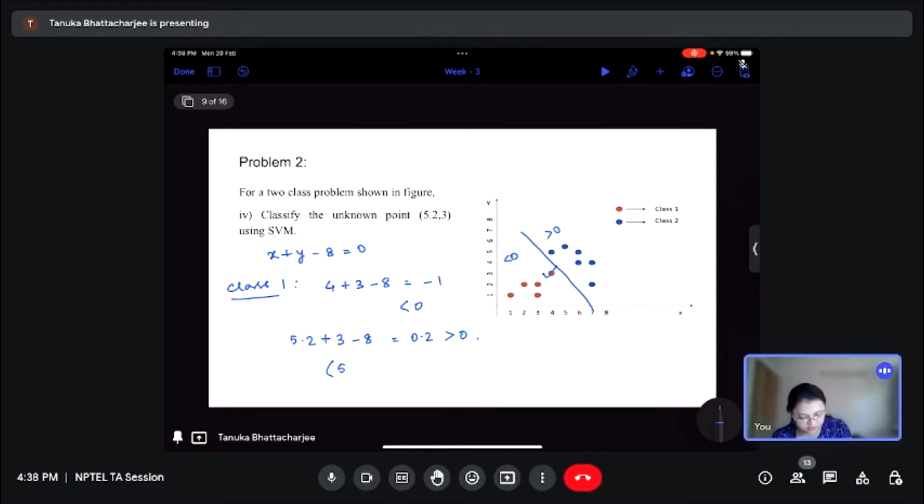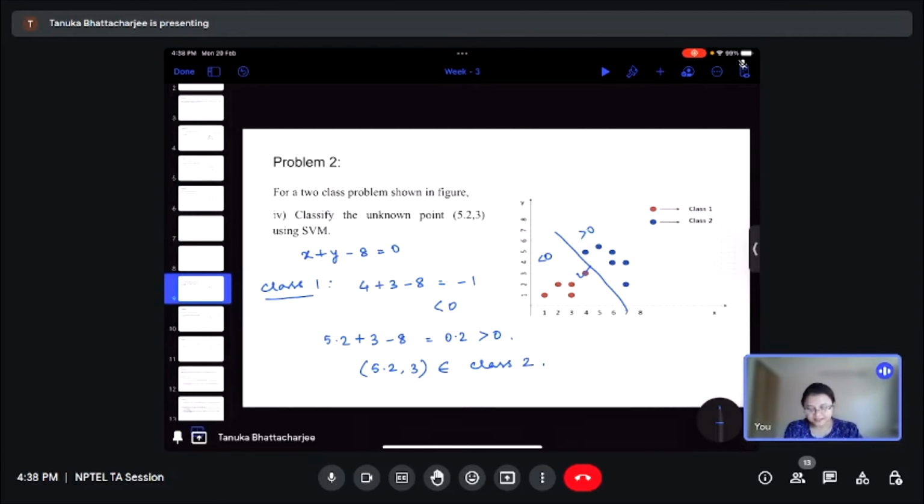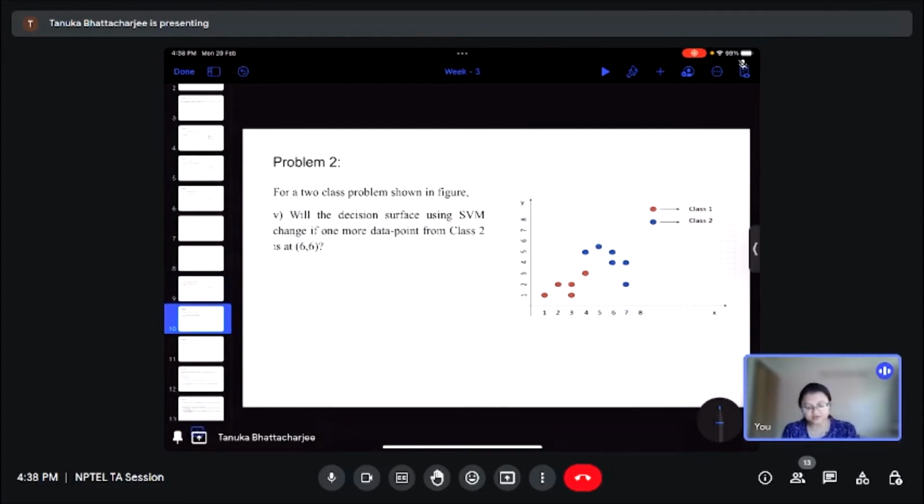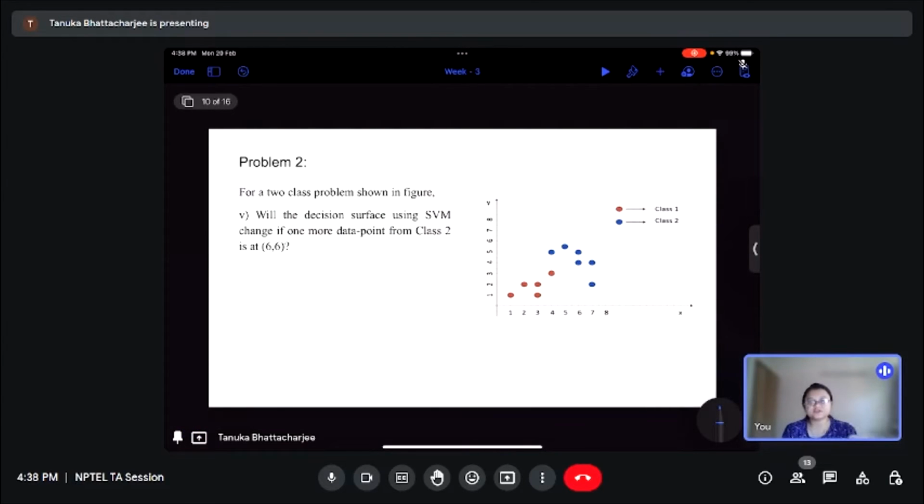So this point 5, 3 is an element of class 2. Correct. Now we solved the complete pipeline. We saw which are the support vectors, what is the decision surface, what is the margin, how do you classify a new point.